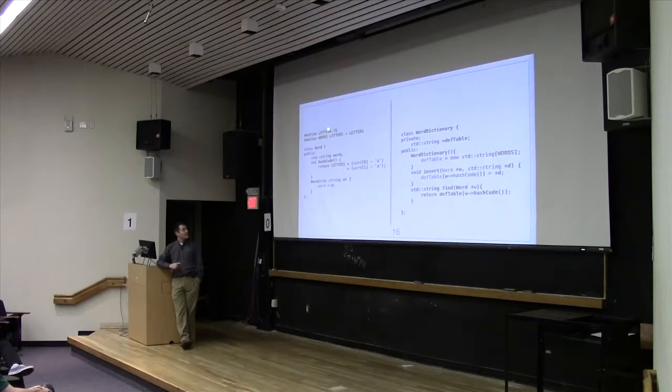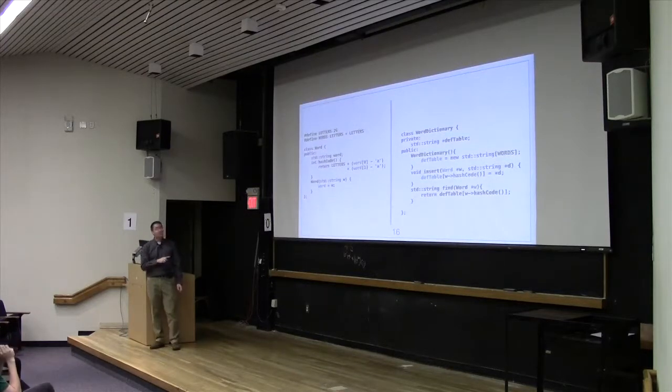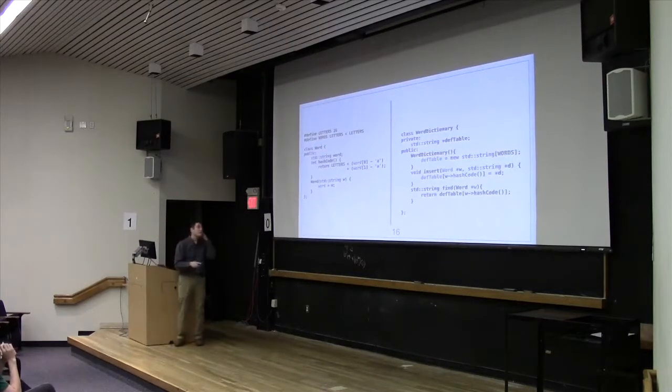We're just defining our letters to be 26, our alphabet count. Then the words are letters times letters, which is the total space we're going to have. In this case, 26 times 26, which is 676. Then we have a word in here, which is our string, which we're going to hash. Then we return from this hash code the actual hash function that we had.